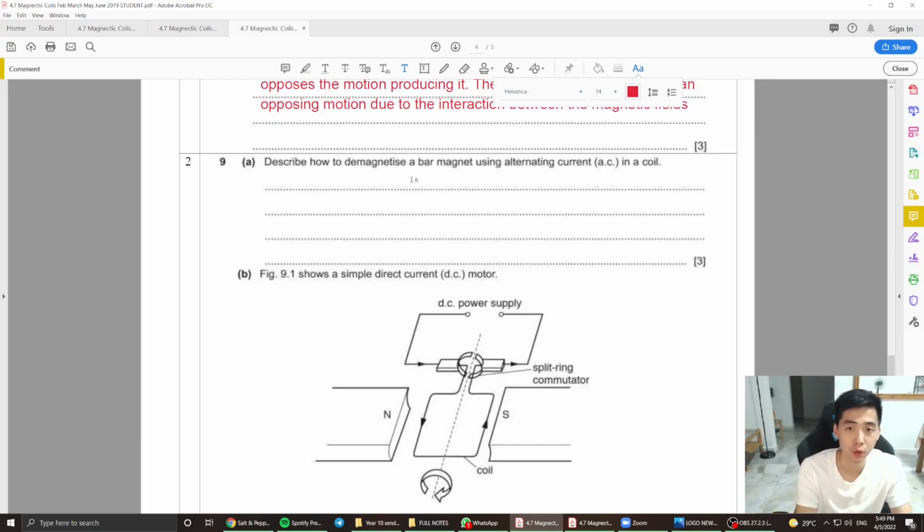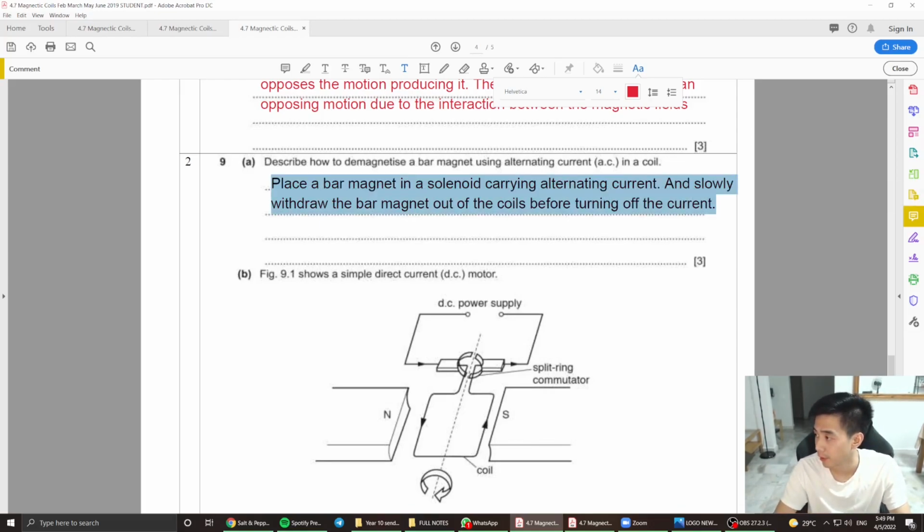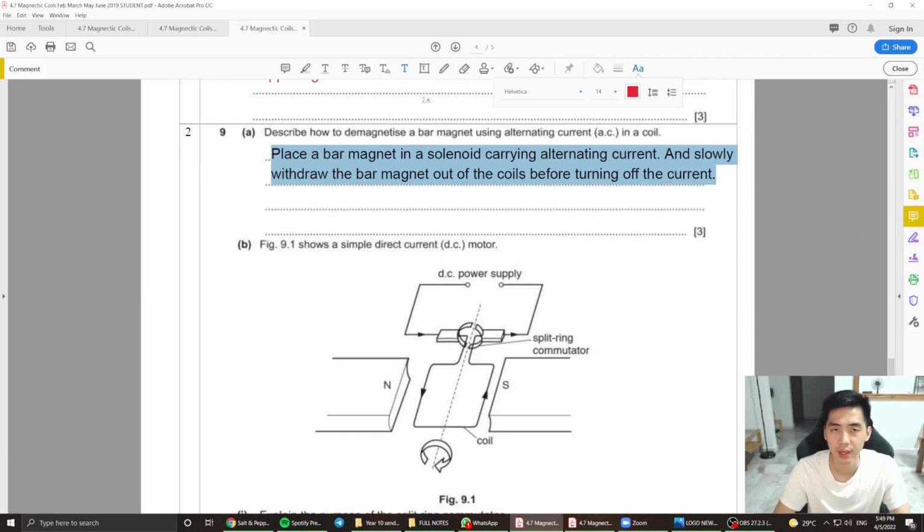You're basically supposed to place a bar magnet in a solenoid carrying alternating current and slowly withdraw the bar magnet out of the coils before turning off the current. This way it will definitely demagnetize the bar magnet. It's quite a standard question. You see this a lot in your Paper 2 as well, guys.